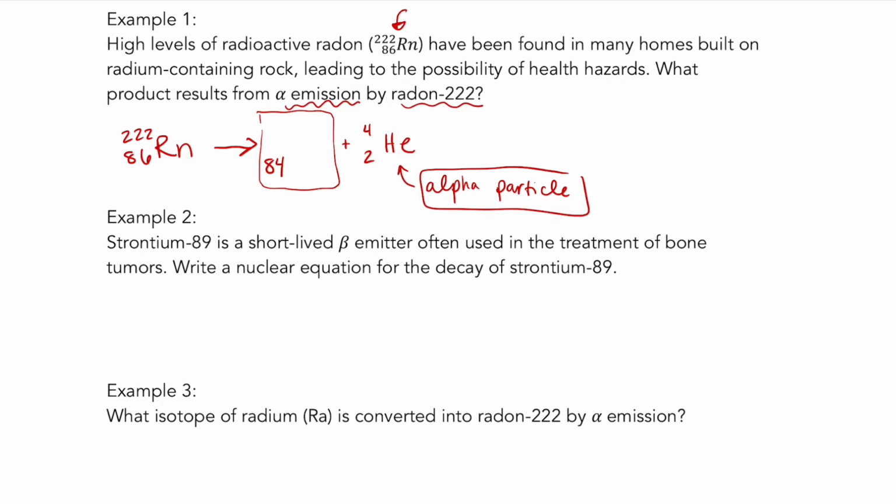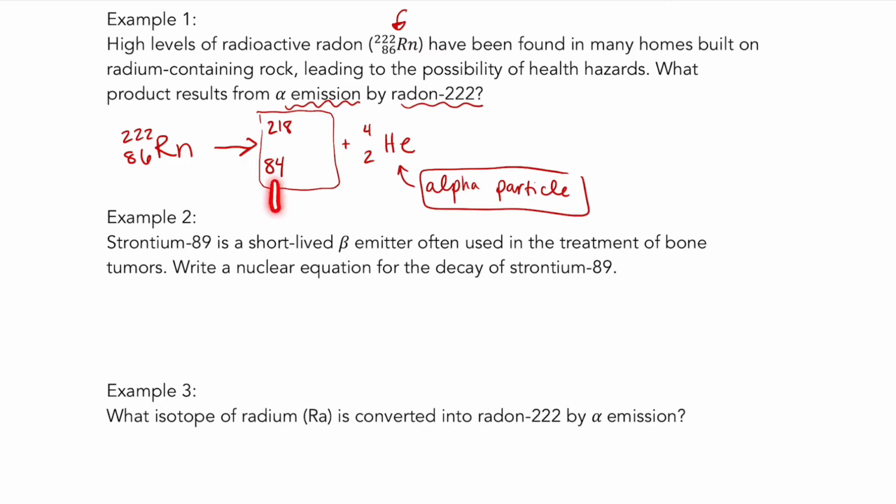And then the mass number is going to be 222 minus 4. What plus 4 equals 222? If I'm doing this off the top of my head right, it is 218. Yeah, I think it's 218. So that's because, again, 4 plus 218 equals 222.